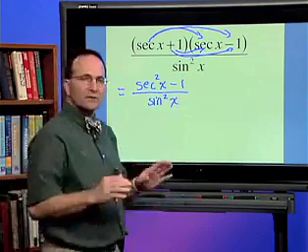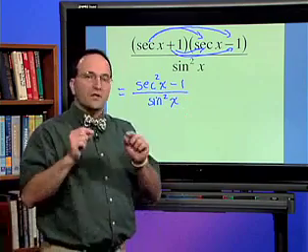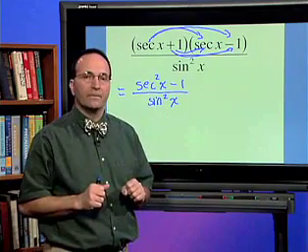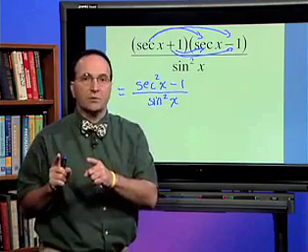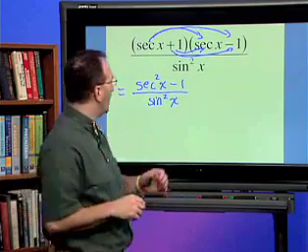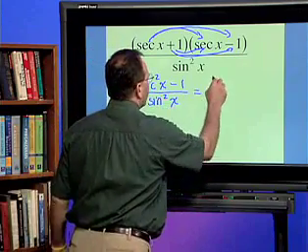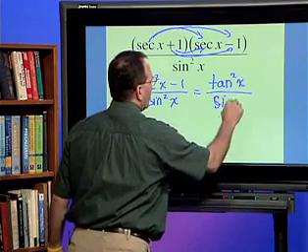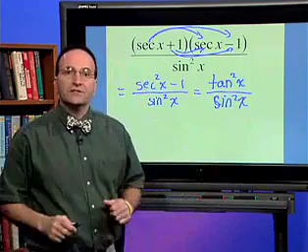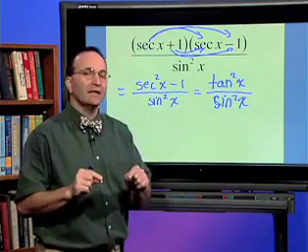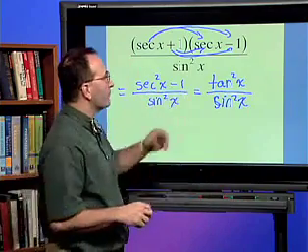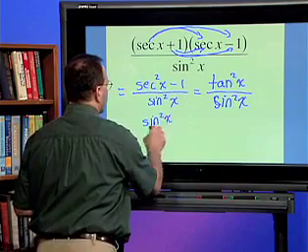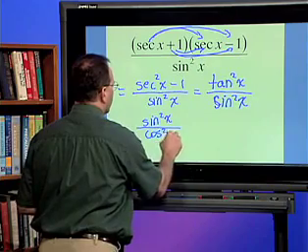Now, secant squared x minus 1, that should be familiar because, yes, we have that 1 plus tangent squared equals secant squared. And what that means is that the tangent squared would be equal to secant squared minus 1. Ah, voila. We can make that substitution. Sine squared x. What do we know tangent is equal to? Tan x is equal to sine x over cosine x. So therefore, tangent squared x would be equal to sine squared x over cosine squared x.